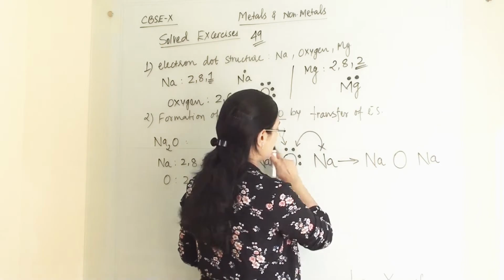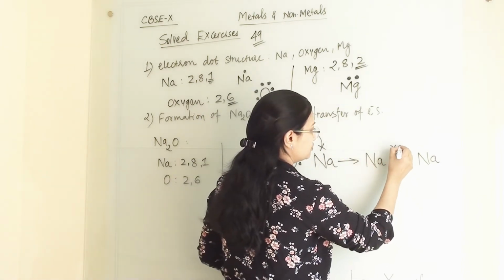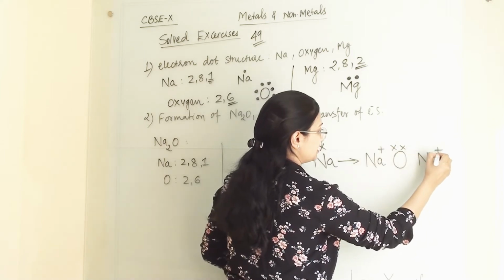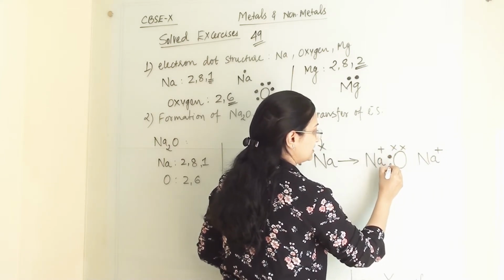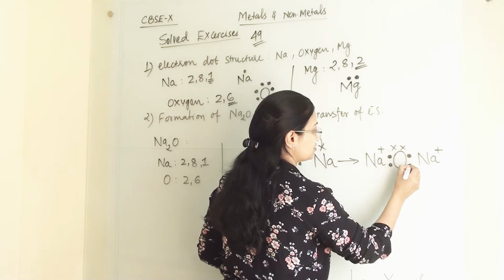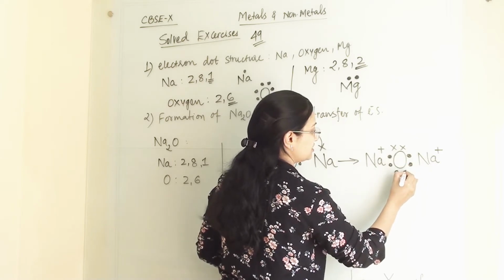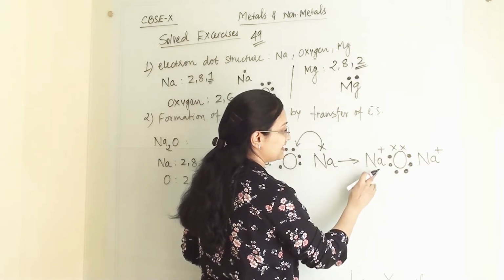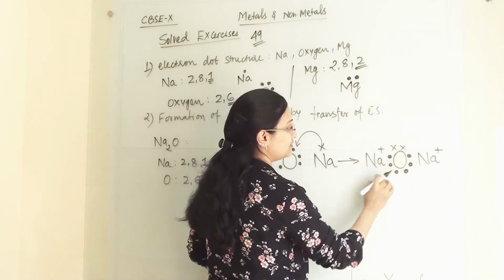Here each has donated 1 electron, so 2 crosses have come here. This will become plus, this will become plus, and along with that oxygen's electrons are already there. So here the oxygen has completed its octet whereas sodium has also completed its octet.